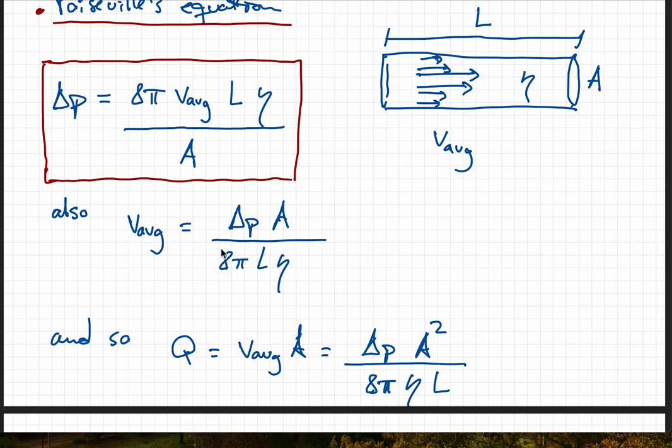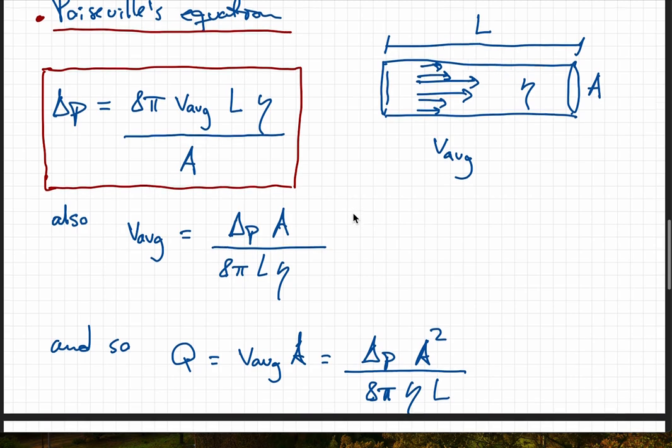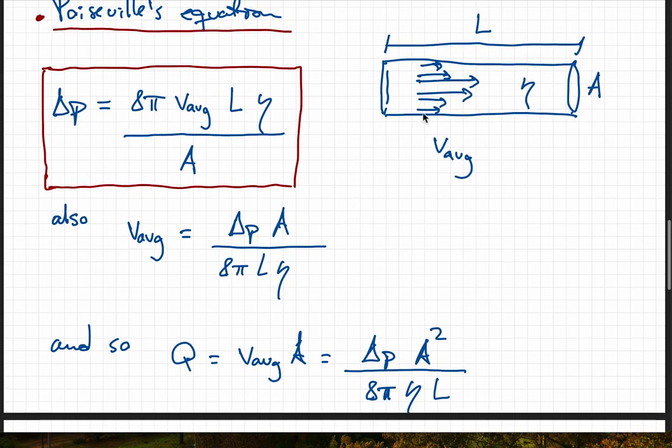It tells you what type of pressure difference and cross-sectional area and so on you need to maintain an average speed V. Here we talk about the V average because the velocity profile of a real fluid in a tube, in a pipe, looks like this. We'll talk more about this tomorrow. The important point is that there's going to be some average speed because the speed depends on the position, whether you're closer to the walls of the tube or not. So we'll talk about that tomorrow.